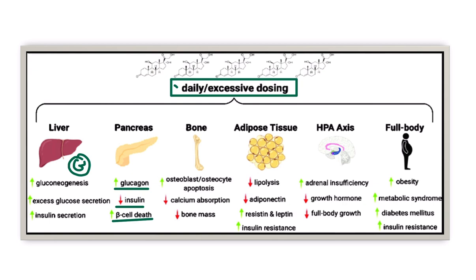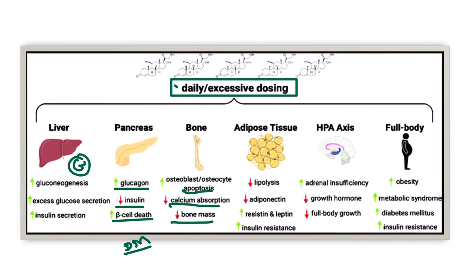That means when an excessive amount of corticosteroid is taken for a longer time, there is a chance of development of diabetes mellitus. And in case of bones, it increases osteoblast and osteocyte apoptosis. That means death of the bone cell, decreased calcium absorption, decreased bone mass, and osteoporosis and osteonecrosis develop, and there is a high chance of development of pathological fracture.